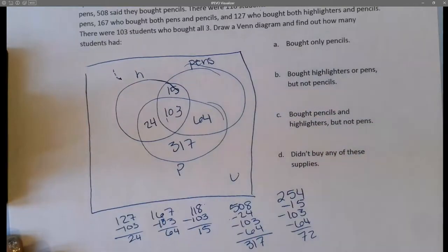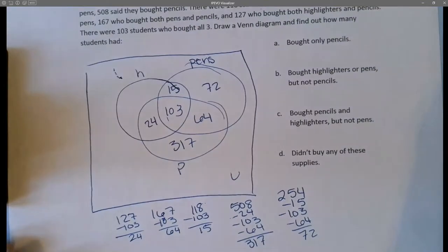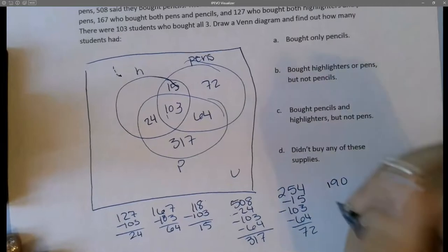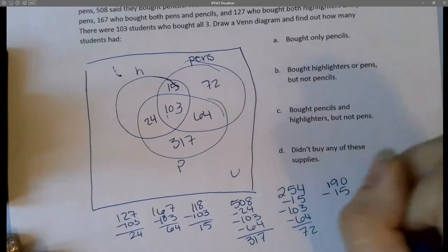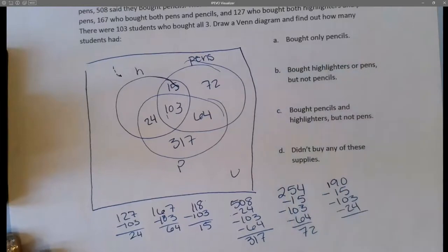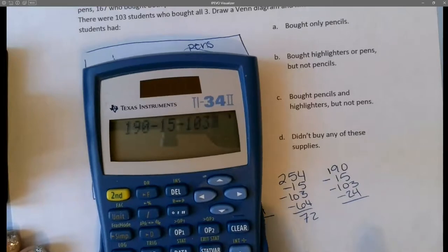That was pens. Okay. And then 190 said they bought highlighters. So same thing again. I'm going to start off with 190, subtract my 3 numbers in the circle. So that's 15, 103, and 24. Which gives me 48.